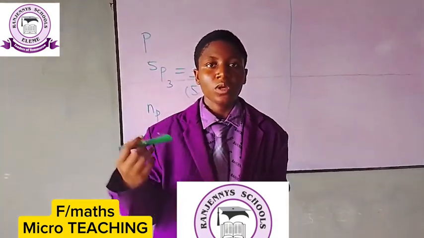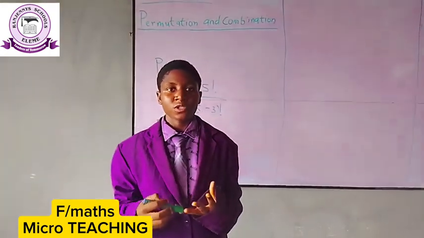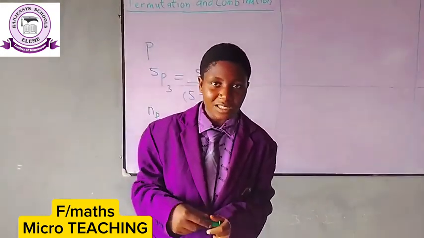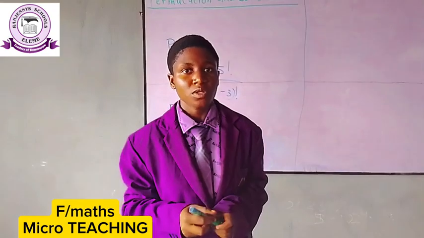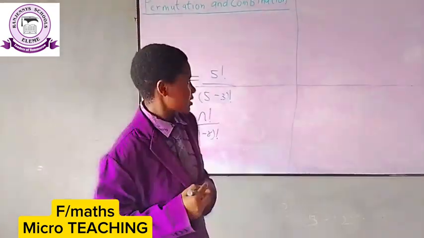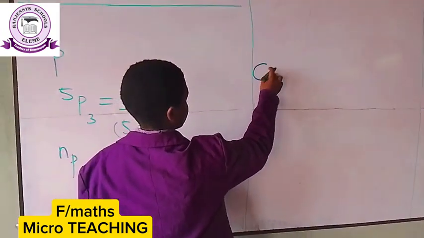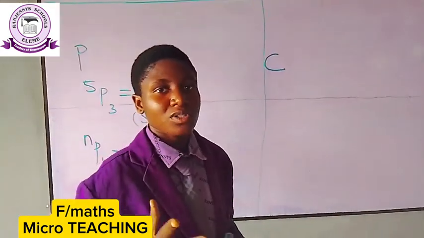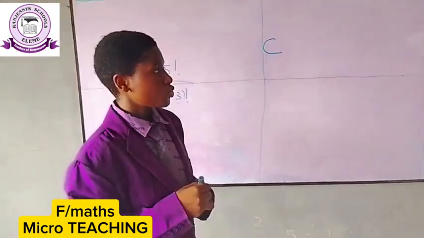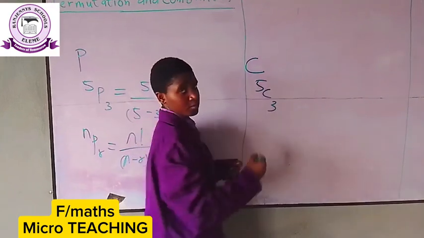Now, I said I was talking about permutation and combination. What is combination? Combination is the selection of things or objects. It is applied in our library and in our school. Generally represented with the symbol C. So if I was to select three structures out of five, it will be 5 combination 3.